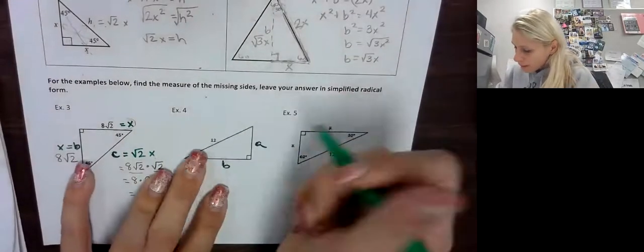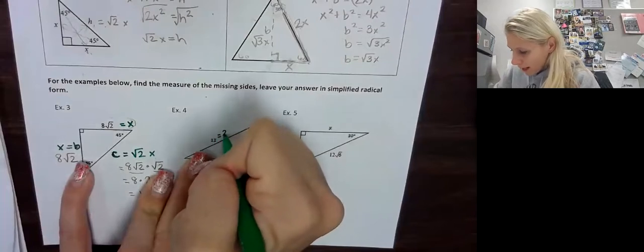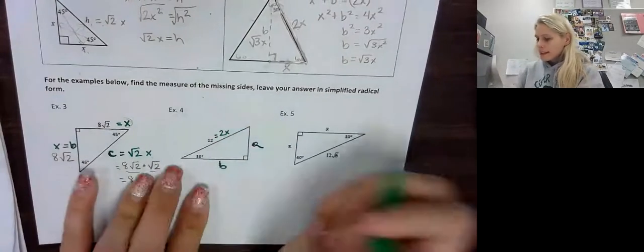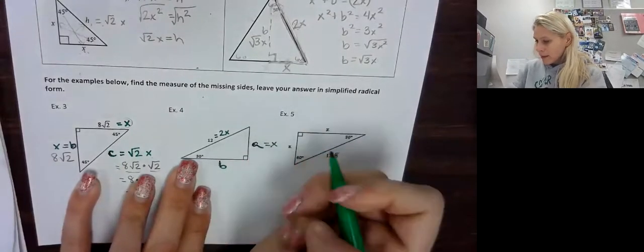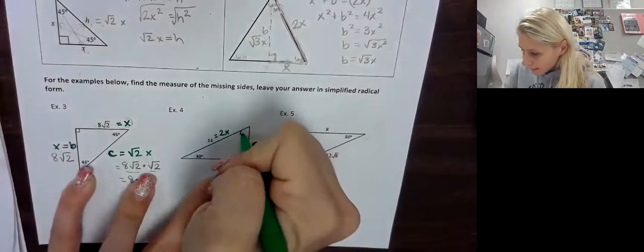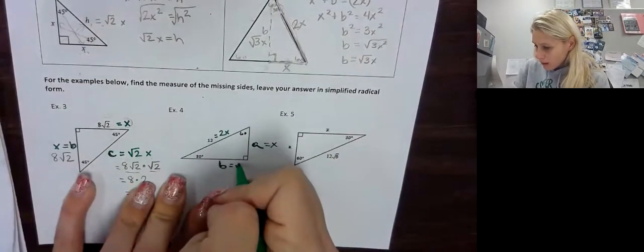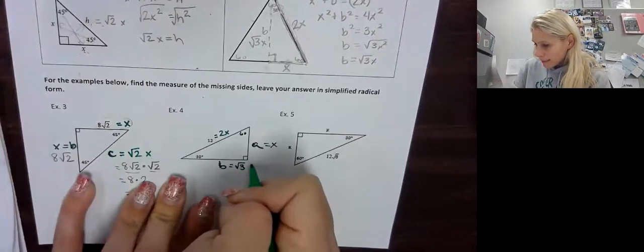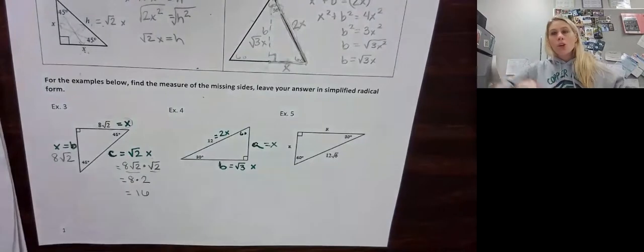So the side across from the 90, remember, is 2x. The side across from the 30 is x. And this would be 60. The side across from 60 is the square root of 3 times x.